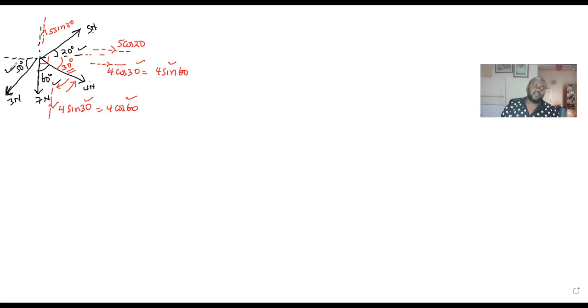Now, when you compress the 30 to the horizontal, you get 3 cos 30. Then to the vertical, it will become 3 sine 50. This is 50, not 30. Then you start summing up together. Okay. So please finish it up and we'll see what answer you come up with.